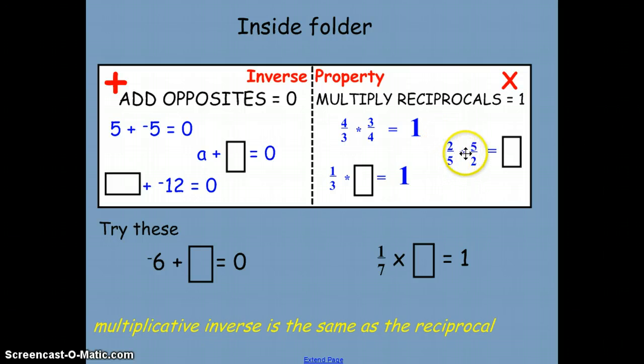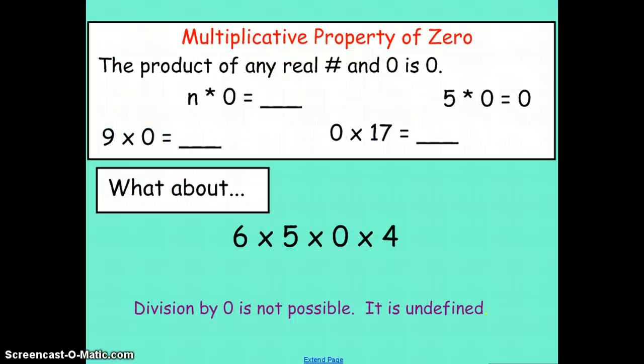Here, 2/5, the reciprocal is 5/2. 2 times 5 is 10, 5 times 2 is 10, 10 over 10 is 1. Now, you give it a try. 1/3, what would the reciprocal be? You got it, 3 over 1. And then here, you can use this as your fourth example, or you can come up with your own. So multiplicative inverse, when you hear that, it just is the same as asking for the reciprocal. That's all, just the reverse. All right, so let's move on.